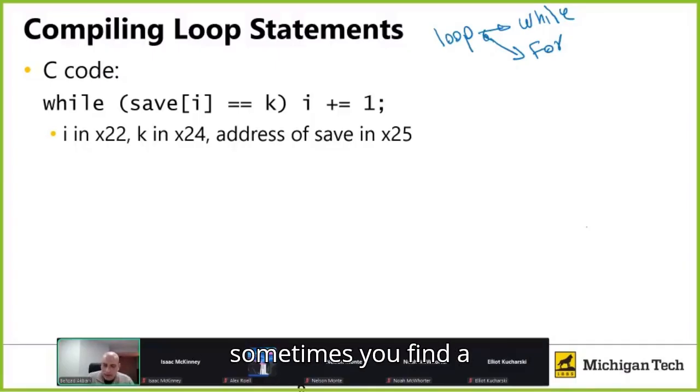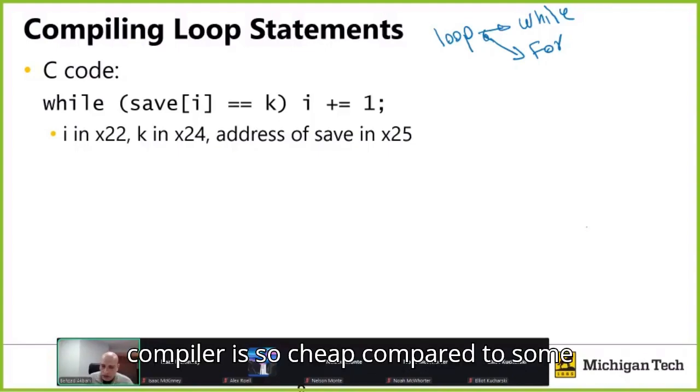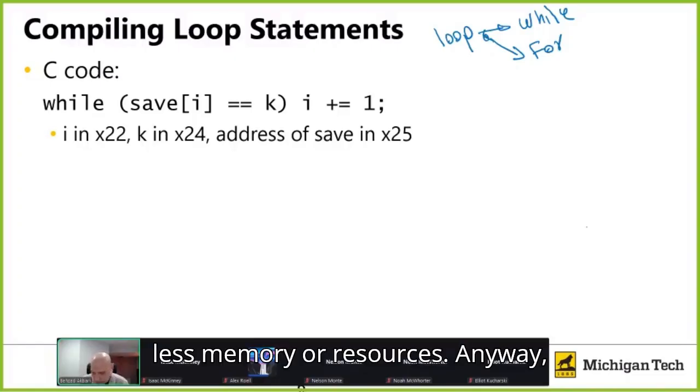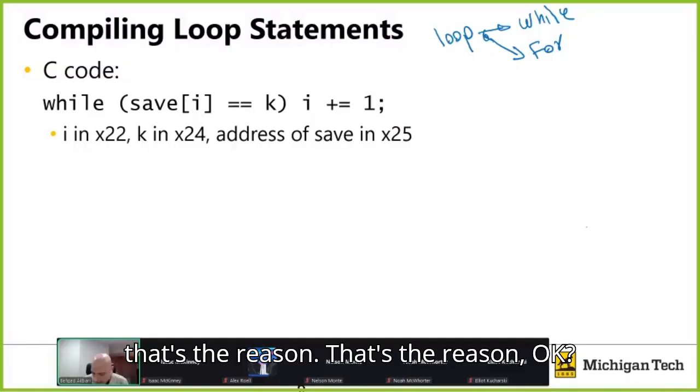That's why sometimes you find a compiler is cheap compared to others that are more expensive, because they can produce code with better performance that executes faster or wastes less memory or resources. Anyway, that's the reason.